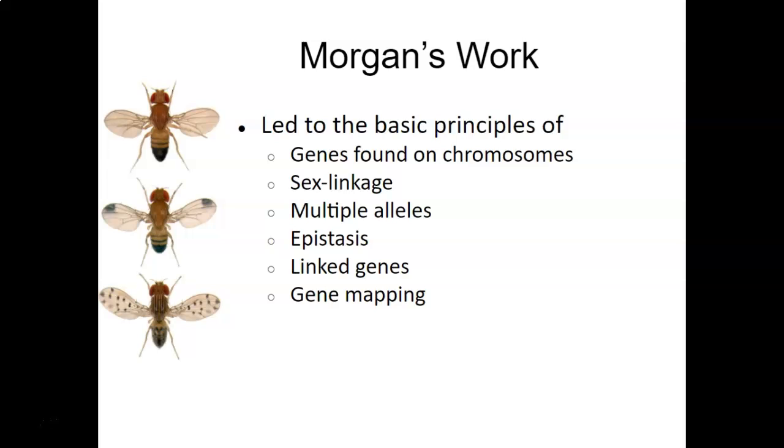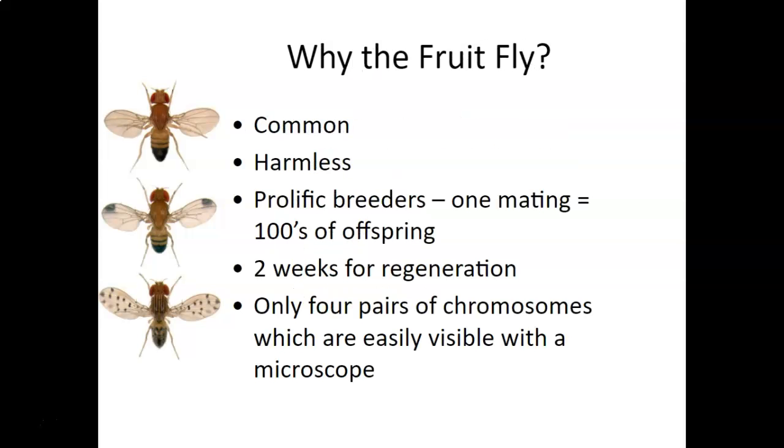You can only inherit stripes if you have a certain color in the first gene. We're going to get way more into this later, but epistasis is probably my favorite thing about Morgan's work. It's what I actually studied when I was in undergrad, so I like it. It's cool. So now let's get back to Morgan specifically.